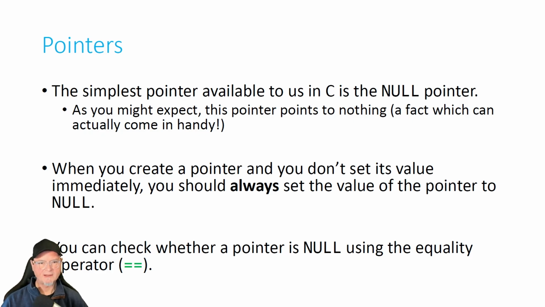When you create a pointer, you don't set a value immediately. For best practice, you should set the value of that pointer to null. The reason is that if you don't, it might be set to an address value arbitrarily that contains garbage, and you don't want that.